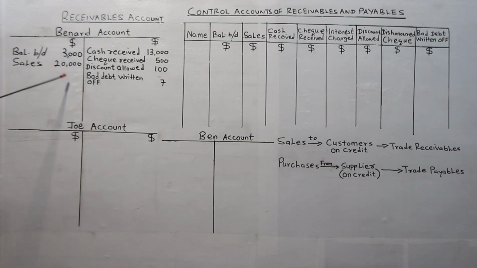For the sake of our foundation knowledge, since we are still at the preliminary stage, we are going to limit our operations to these 4 transactions that reduce the amount receivables are owing.